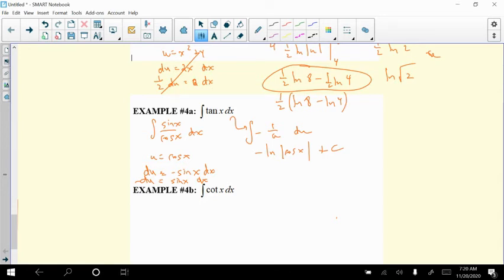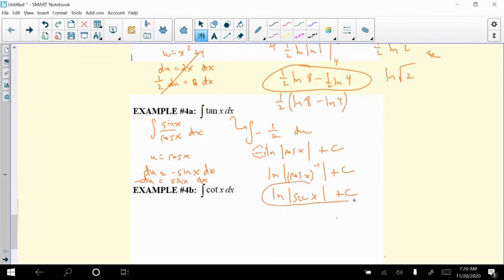But in a lot of textbooks, this negative actually gets brought inside. It's the natural log of cosine of x to the negative 1. And you won't see it like that. Cosine to the negative 1 means do its reciprocal, 1 over cosine, which is secant. So then I would say, okay, I can think of it as natural log of the absolute value of secant x plus c. So that's probably how you would see it.